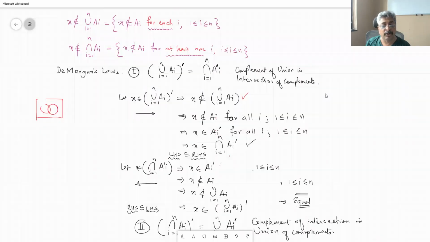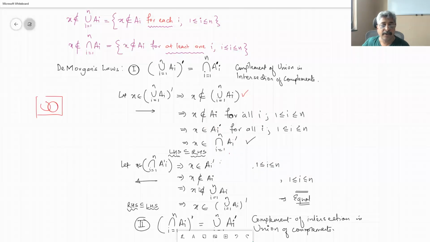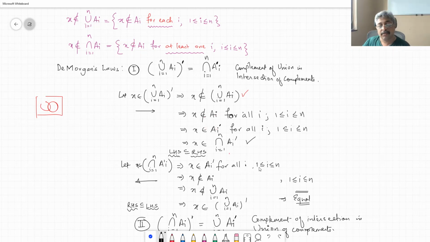Again, we have to write for all only. If x belongs to the intersection of Ai complement, then x belongs to Ai complement for all i, 1 less than or equal to i less than or equal to n.